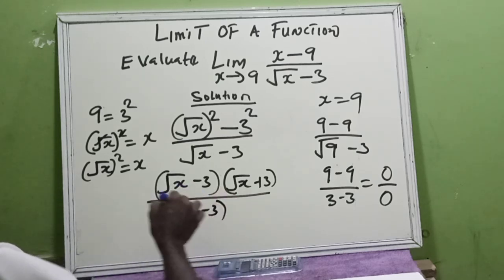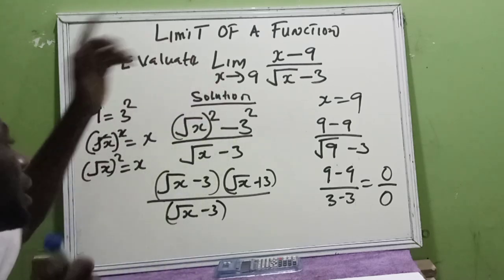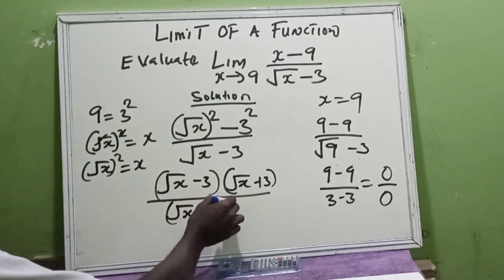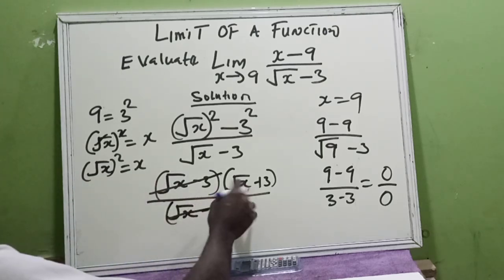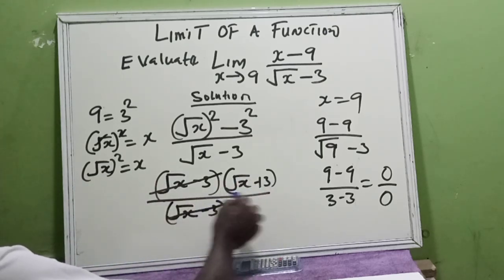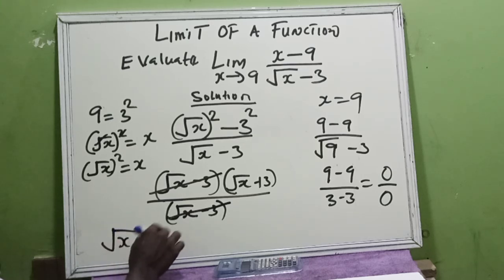In this case, you have already applied the difference of two squares at the numerator. Now this can cancel this, and we are left with the square root of x plus 3 over 1. That means we now have the square root of x plus 3.